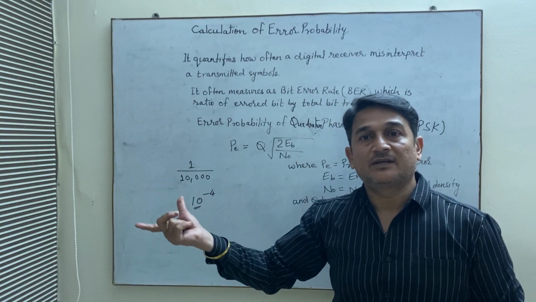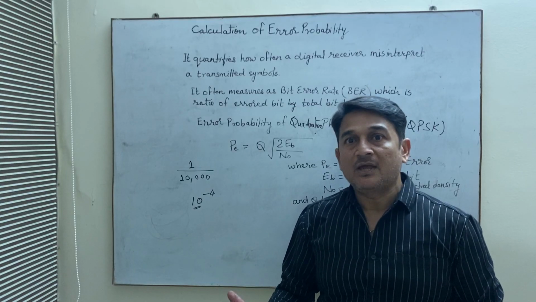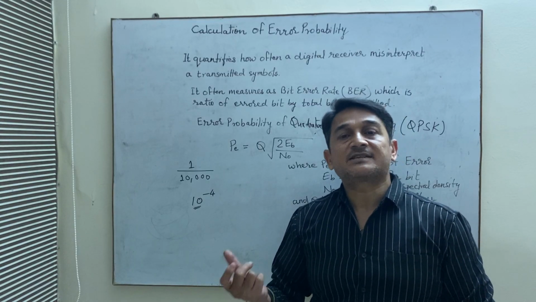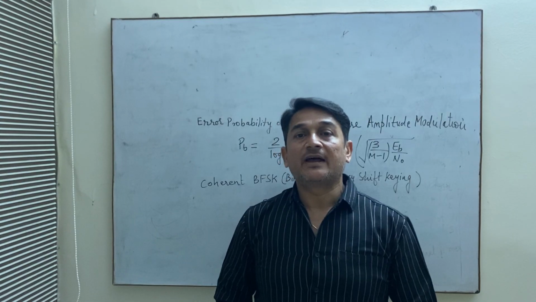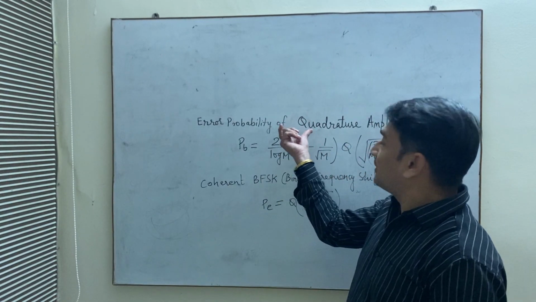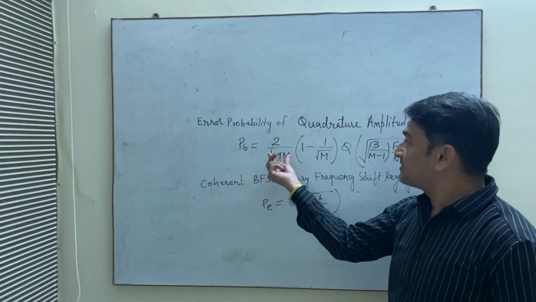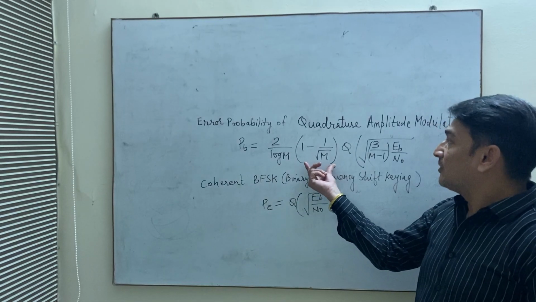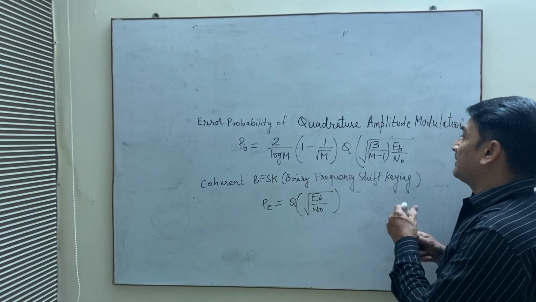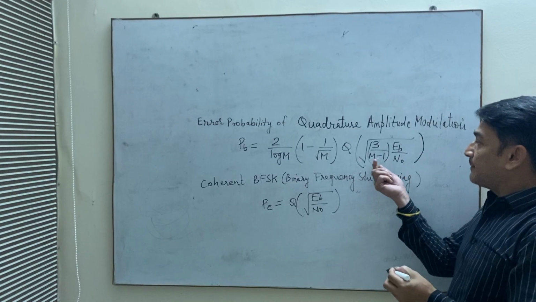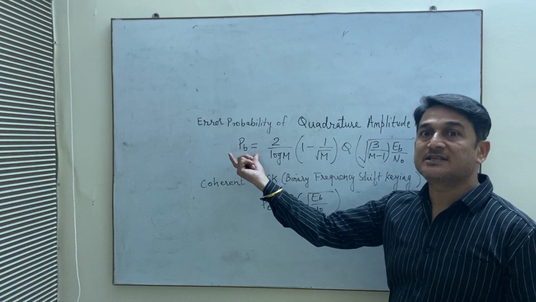Now we will see the error probability in QAM as well as coherent BFSK, that is binary frequency shift keying. The error probability in quadrature amplitude modulation, that is QAM, can be defined as PB is equal to 2 upon log M, times bracket 1 minus 1 by root M, times Q function root 3 by M minus 1, Eb upon N naught, where Eb, N naught and PB we have already understood.